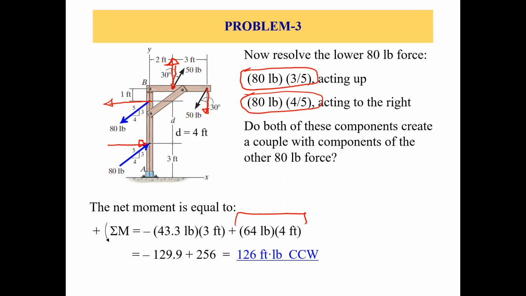Just multiply that and take a negative sign because it's creating a clockwise moment. Now just use your calculators and find the answer. It will be 126 foot-pounds counterclockwise because it's a positive moment. So either you write positive 126 foot-pounds or you write 126 foot-pounds counterclockwise. Okay, that's how we are done with this problem.